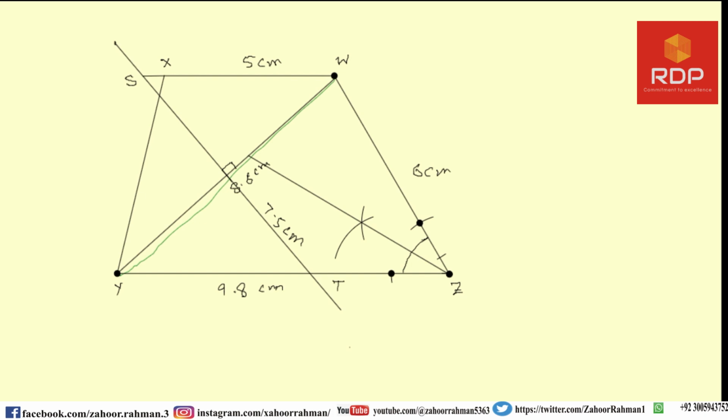So now you can see that this will be equal to this, and I am saying that this point is U. Now they are saying measure and write down the size of WUX.